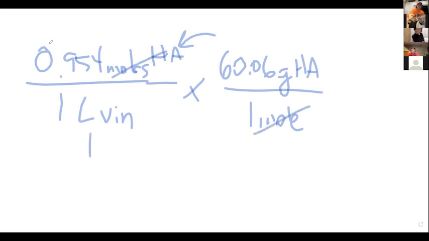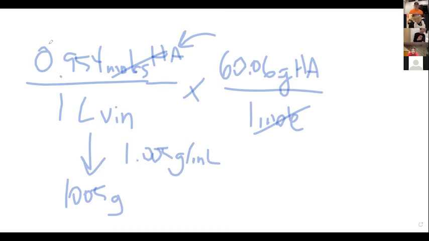Yeah, and this becomes that when you consider the density is 1.005 grams per mil. There's 1,000 mils, so 1,000 mils is equal to 1,005.